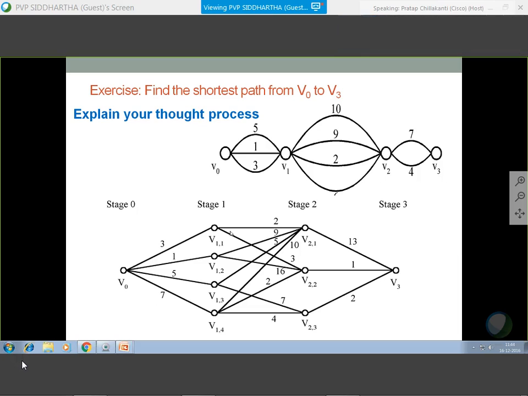Okay. So greedy says optimize locally. And at every stage, you optimize locally. That is the reason why at every stage, V0, V1, and V2 in diagram 1, even in diagram 2, if you take local optimization means taking the lowest weight.